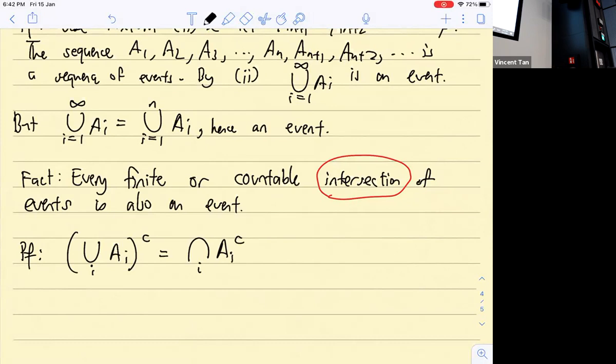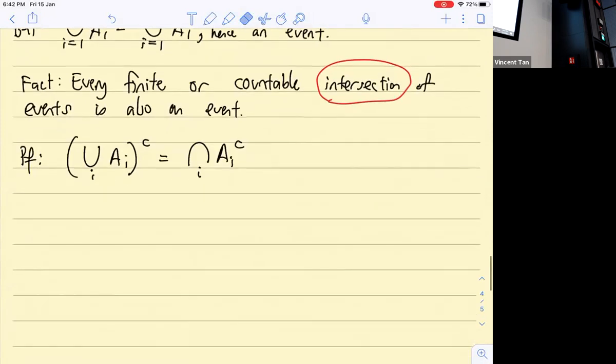This is called De Morgan's formula. So we have this relationship, and I think I need to make more space. So this is if and only if the union over i of Ai complement equals the intersection of Ai, just by replacing the Ai complements above with Ai.